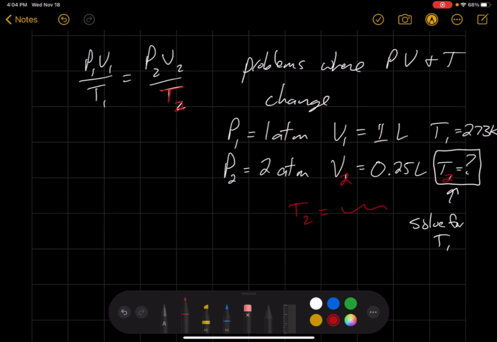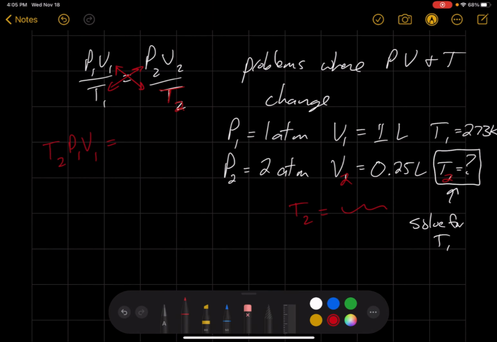So that means that T2 needs to be pulled from the bottom and actually put on the same line as all the other variables. And the classic way of doing this is cross multiply and divide. So cross multiply: if you multiply the bottom T2 times the P1 and V1, you get this expression.